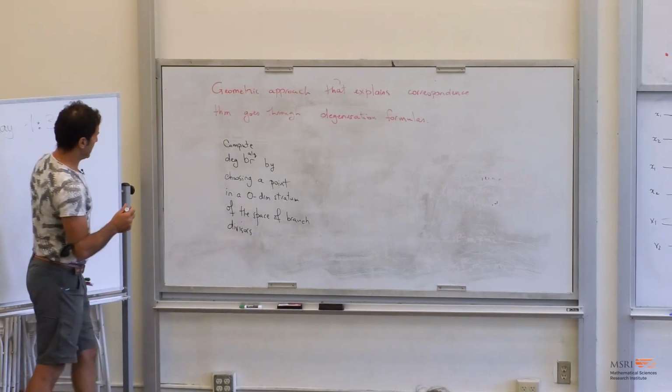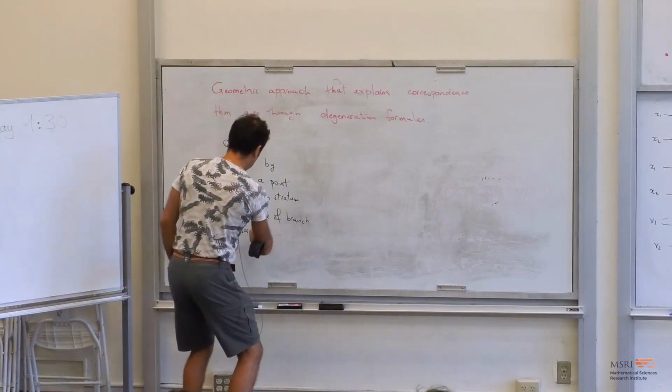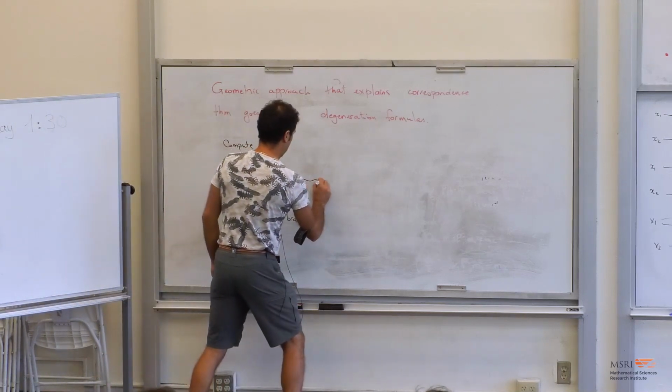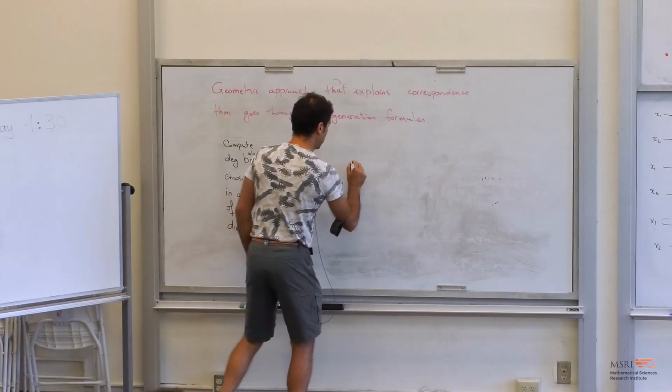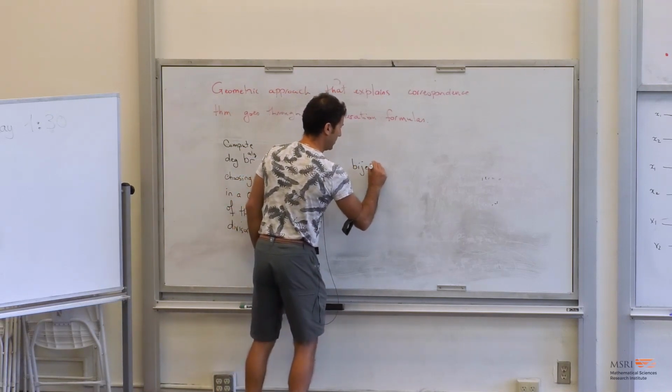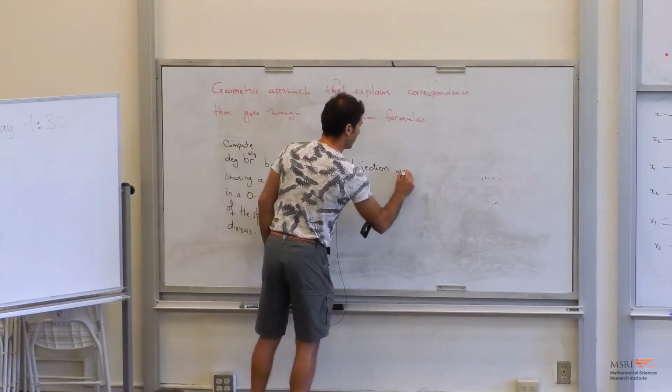This gives rise to a bijection with monodromy graphs.